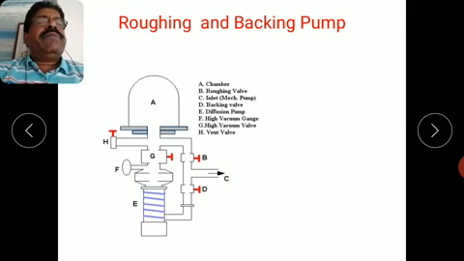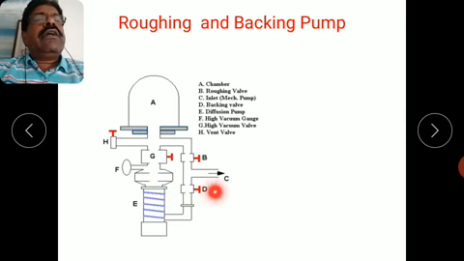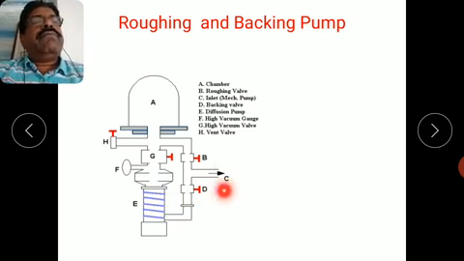So what do backing pumps mean? Instead of directly discharging the gas molecules to atmospheric pressure, your backing pump, like a rotary vane pump, will act at a certain lower, moderate pressure.